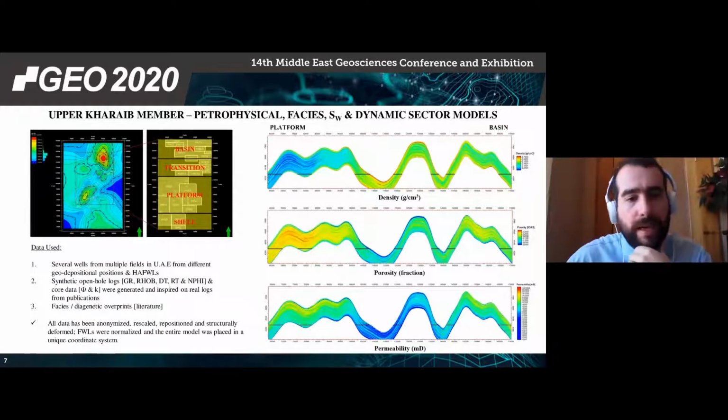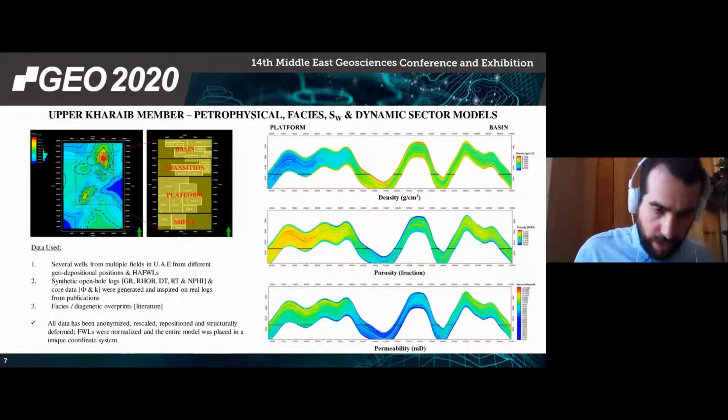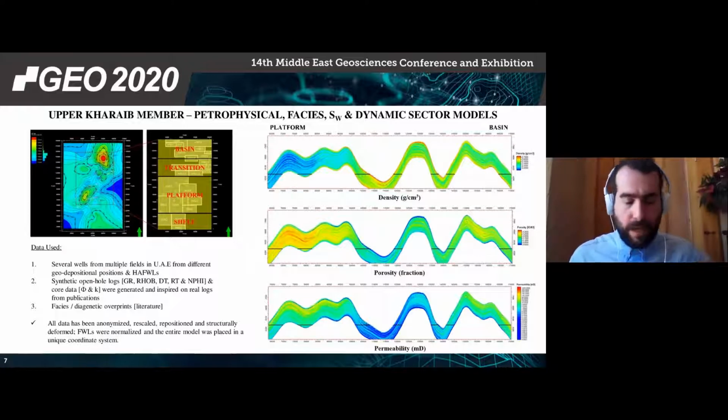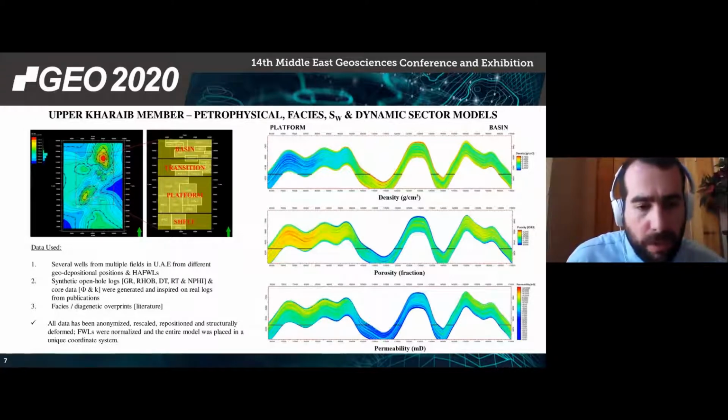On the right-hand side are the petrophysical properties, starting with our densities, our porosities, and our permeabilities across the three closures. Those that are familiar with the Upper Kharaib Member would know that there's a very typical association with permeability.